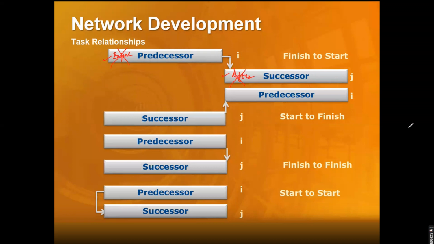It is wrong to call predecessor as before, because the definition of predecessor or successor has absolutely nothing to do with who comes first, who comes second. Predecessor can come before, predecessor can come after. Successor can come before, successor can come after. So it has nothing to do with who comes first or who comes later. How do you define predecessor and how do you define successor? That concept we have to keep in mind.